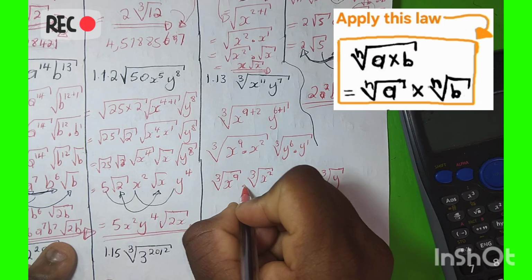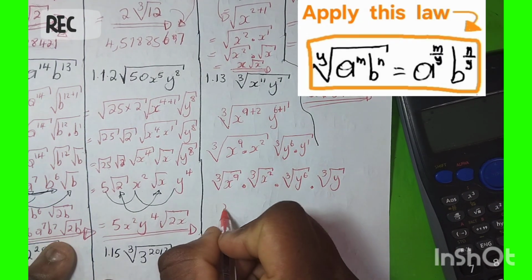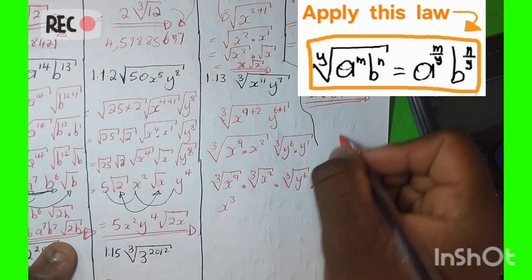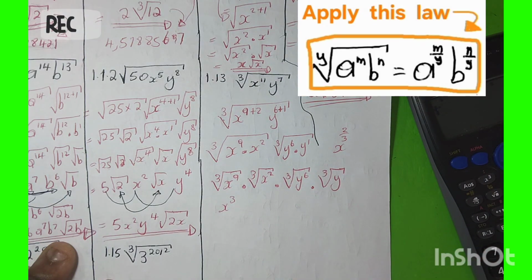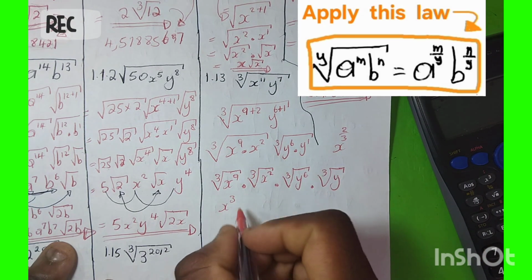We still have the multiplication there, and here it will be inside divided by outside, which will be 3. No need for you to do that here, because you will end up with inside divided by that.